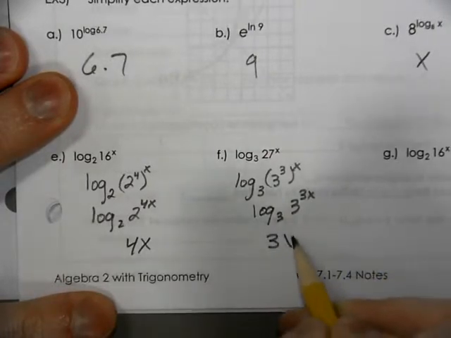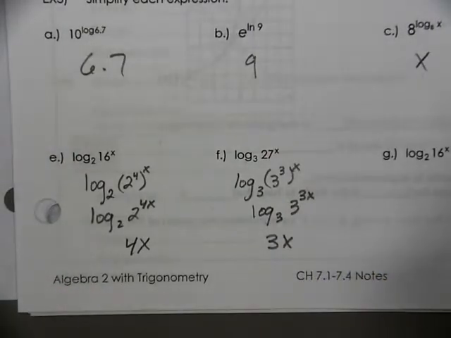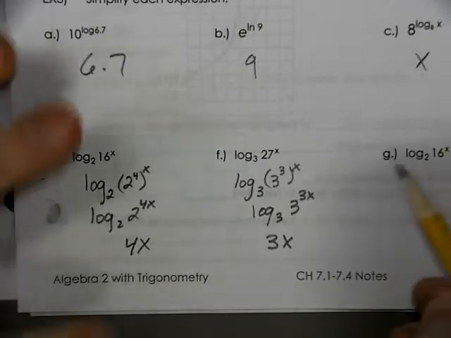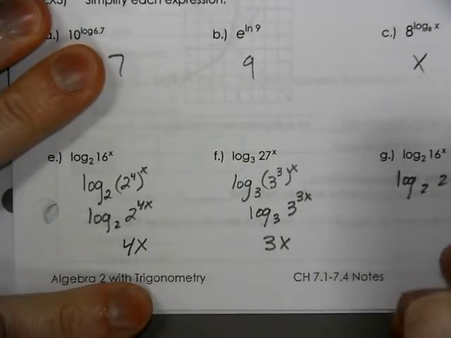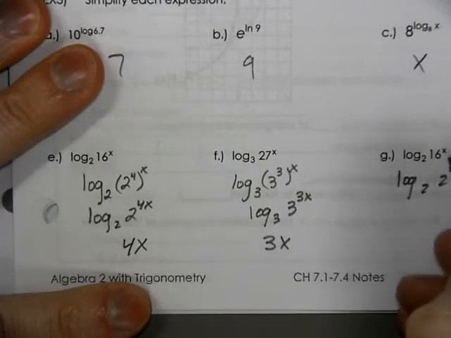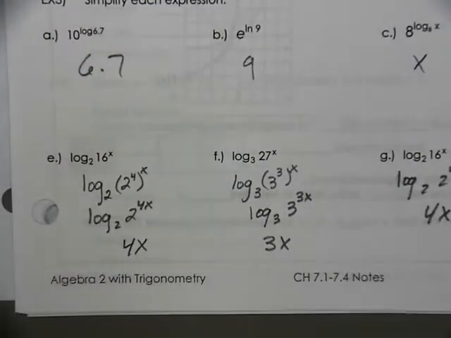So we know the answer is 3x. And the same as the problem we did earlier, log base 2 of 2 to the 4th, and then you multiply the exponents, so you get 4x.